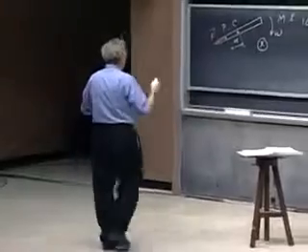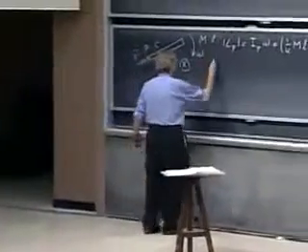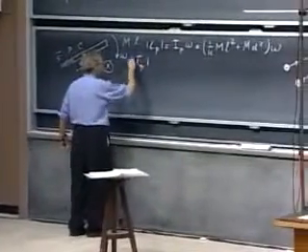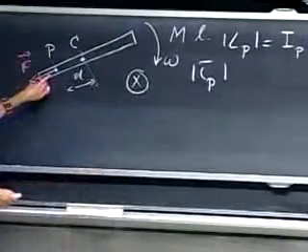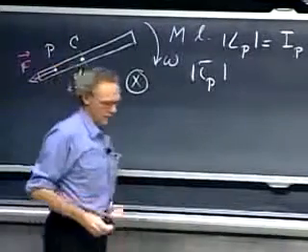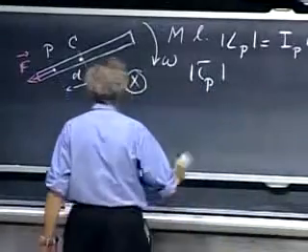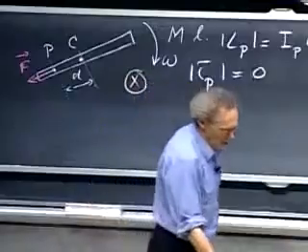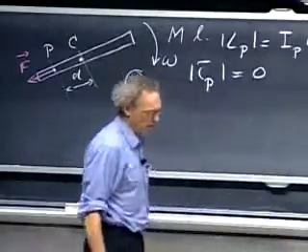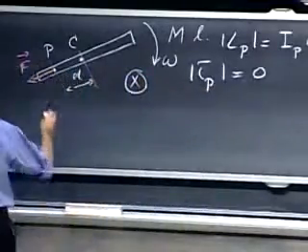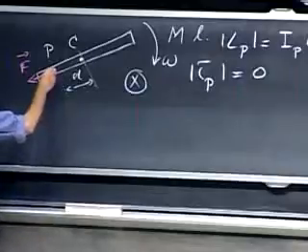But I want you to appreciate that there is a force. So if I take the torque relative to point P, I do not worry about this force. Well, the torque relative to that point P is 0, and so it's clear that angular momentum relative to point P must be conserved. Angular momentum relative to point P is conserved.